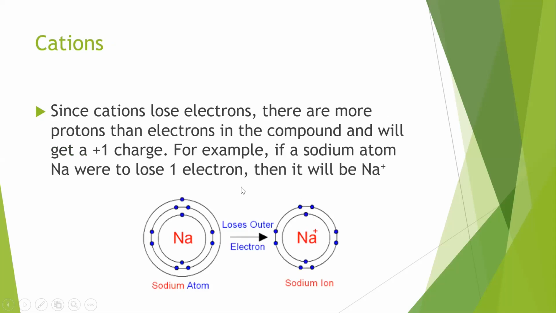So here is a sodium atom. As you can see, there are 3 shells. This is shell number 1, shell number 2, and shell number 3. The first shell is full. It has only 2 electrons. In the second shell, it has 1, 2, 3, 4, 5, 6, 7, 8. And in the third shell, it only has 1 electron.